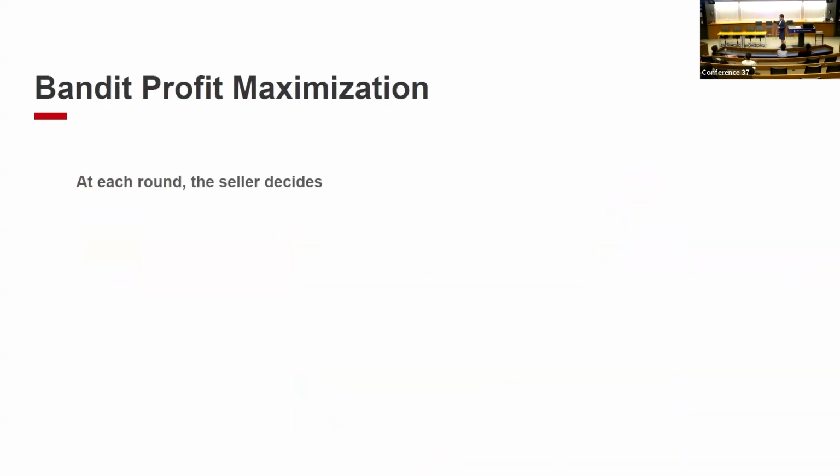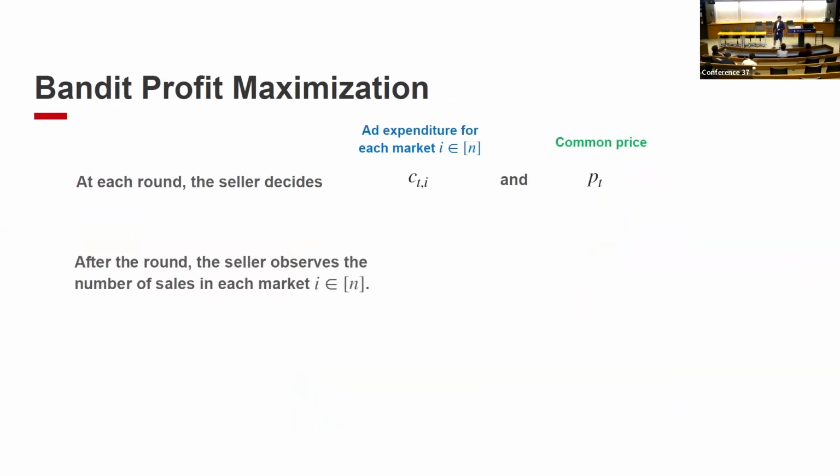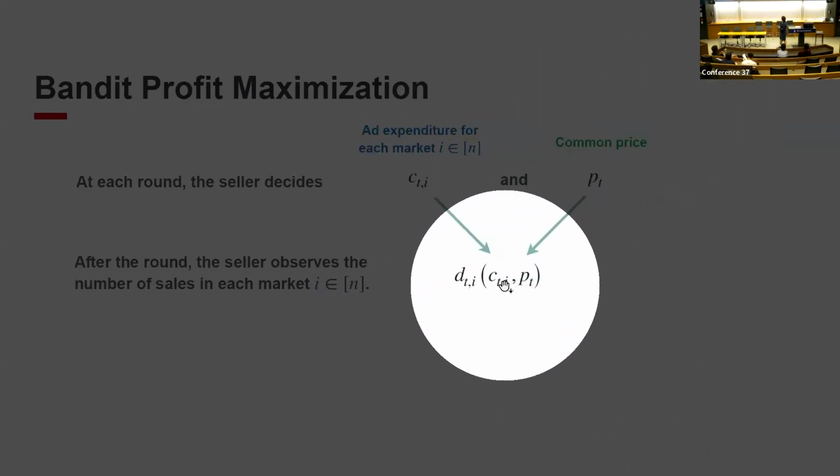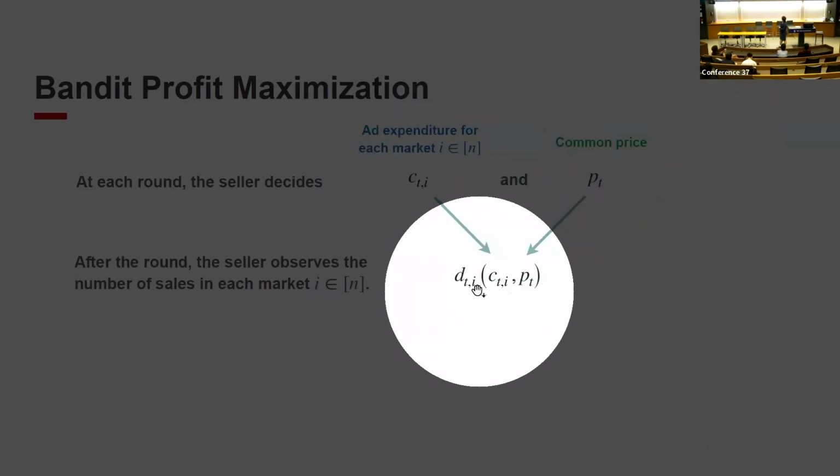Now the problem that I described was the offline setting, and we want to make it more exciting to solve, and that gives this formulation of bandit profit maximization for targeted marketing. At each round, the seller decides the advertisement expenditure for each market, and let's say there are n markets, and the common price P. Then after the round, the seller observes the number of sales in each market, which is a function of P and C_i, where the index i goes from 1 to n.